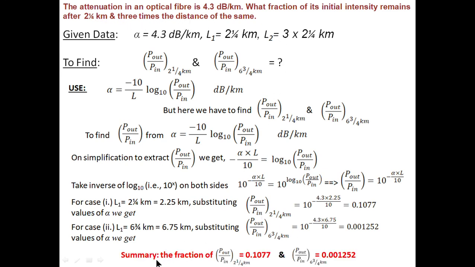To summarize, the fraction of P output by P input after 2/4 kilometer is 0.1077, and after 6/3/4 kilometer is 0.00125. This is very well understood when a signal is transmitted from, let's say, a BSNL office using optical fiber.